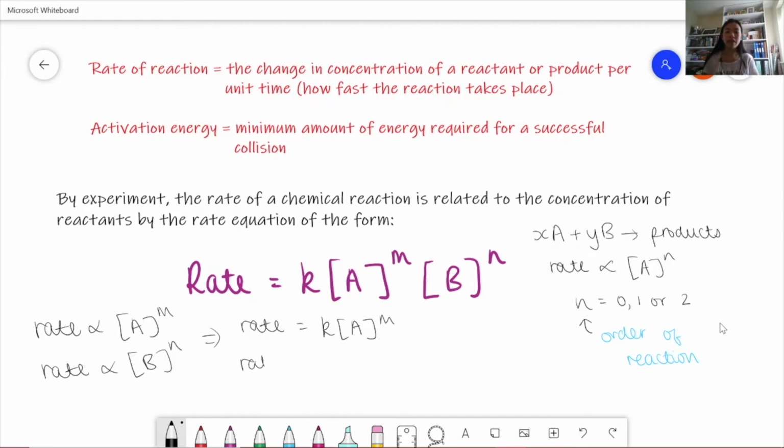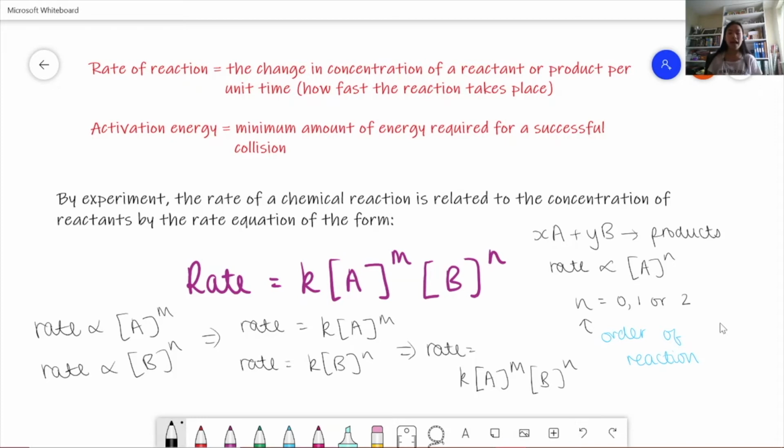And we have the same thing for B. So combining these two, we form this rate equation of rate equals k multiplied by the concentration of A to the power of m multiplied by the concentration of B to the power of n.